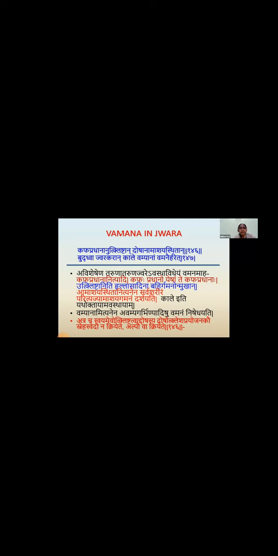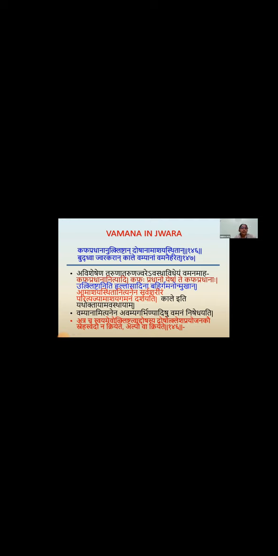So in such a condition, the doshas are ready to come out. In such a condition, we just have to support. So that's why Vamana in Jwara has been mentioned here. Whenever we say Vamana here, it is just a Sadhyo Vamana. It is not the classical Vamana where we give Snehana, Svedana, etc. So the Purva Karma is not required here, because the doshas are already ready to come out.